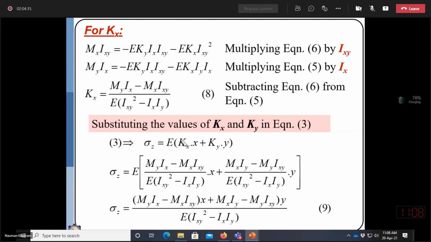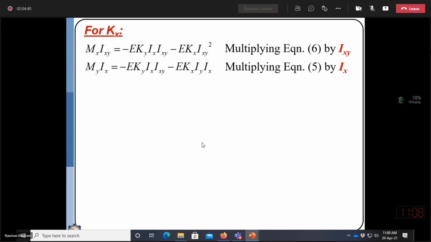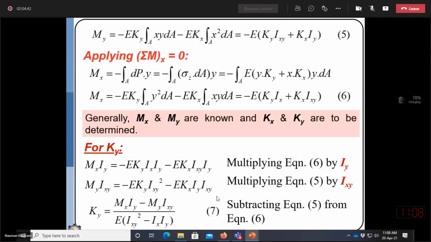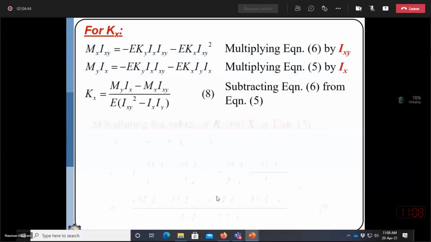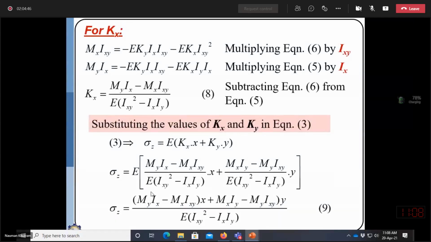If you substitute the values of kx and ky from equation number 8 and equation number 7, you will come up with equation number 9. The total stress at any point situated at a distance x from the y-axis and a distance y from the x-axis can be determined by equation number 9.